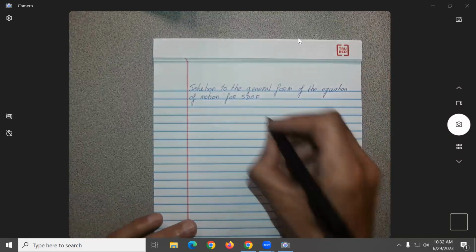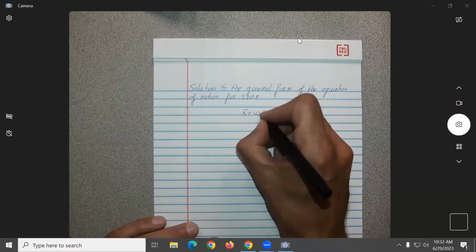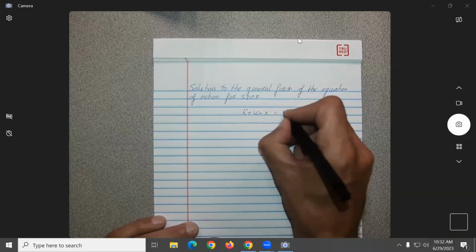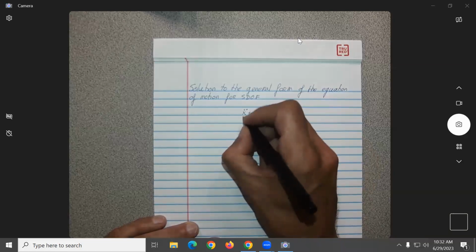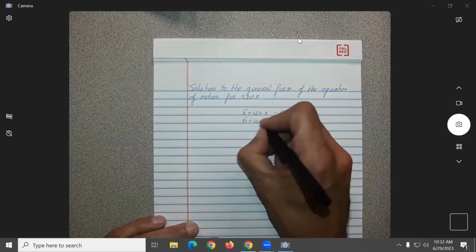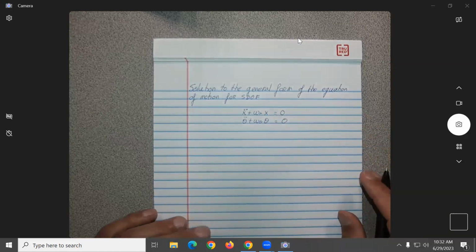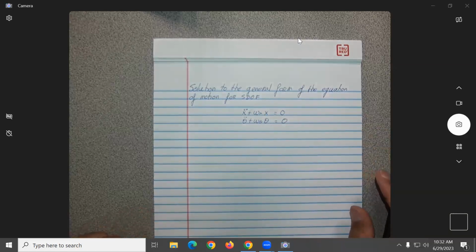So what is the general form of the equation? We say it's always going to be of the form x double dot plus, let's say, omega n x equal to 0. I mean, if you change the variable, it will be the same, but this is what we have been deriving so far, no? Okay?